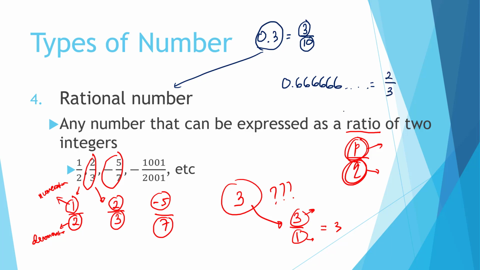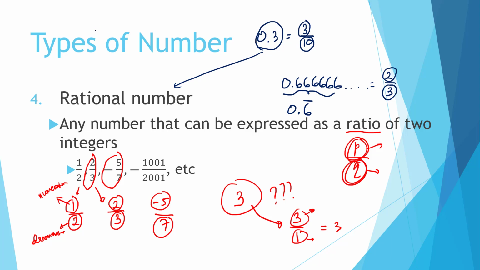Because the numerator and denominator of 2 over 3 are both integers, we can say this is a rational number. As you can see, guys, if you see a decimal that repeats, sometimes we write this as 0.6 with a bar on top, which means the 6 is repeated over and over again to infinity.